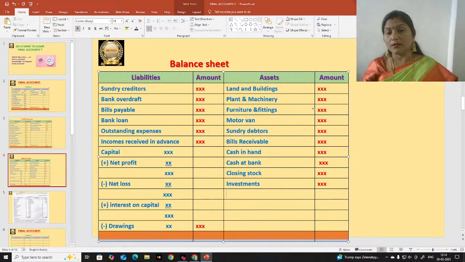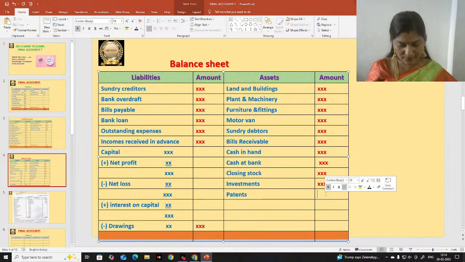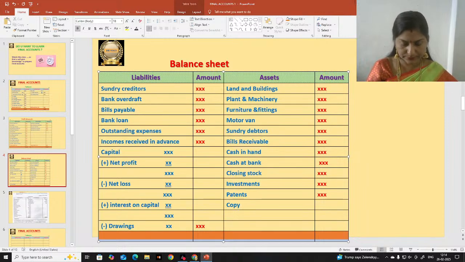Okay, so apart from this, we have some assets like goodwill, copyrights, patents. I will mention a few assets here. Patents, next one copyrights. These are some assets.